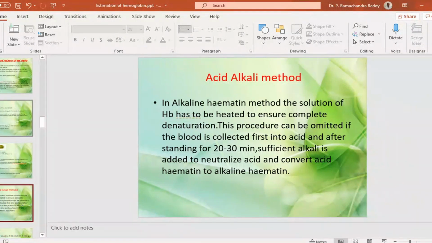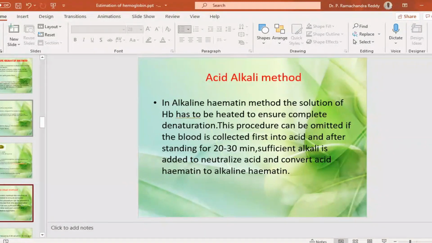So in the previous one, right? This procedure can be omitted if the blood is collected first into the acid and then transferred, and after standing for 20 to 30 minutes, sufficient alkali is added to neutralize the acid and convert the acid hematin to alkaline hematin.